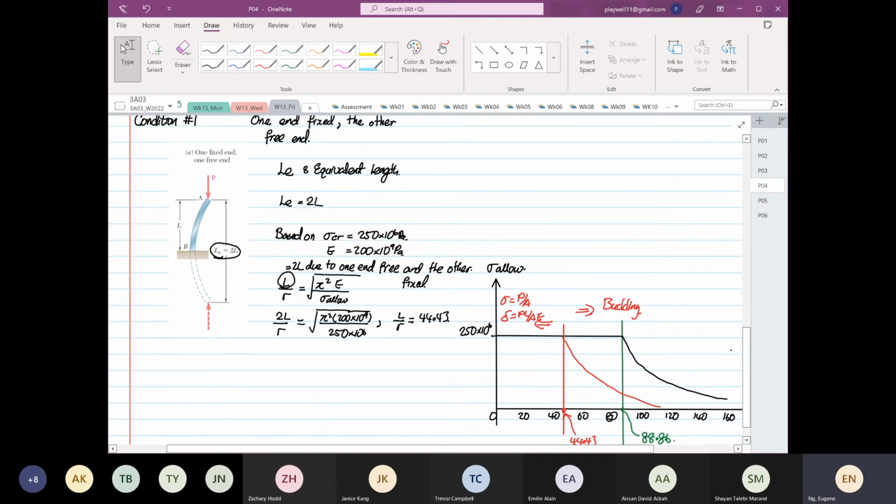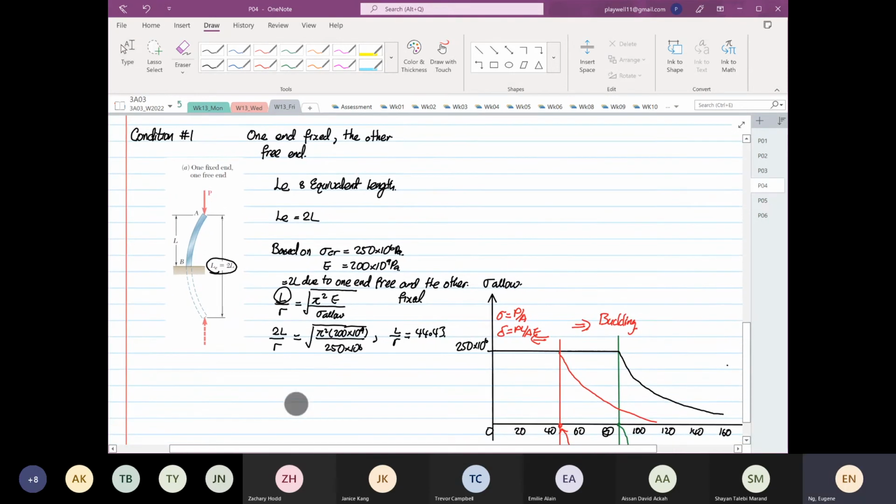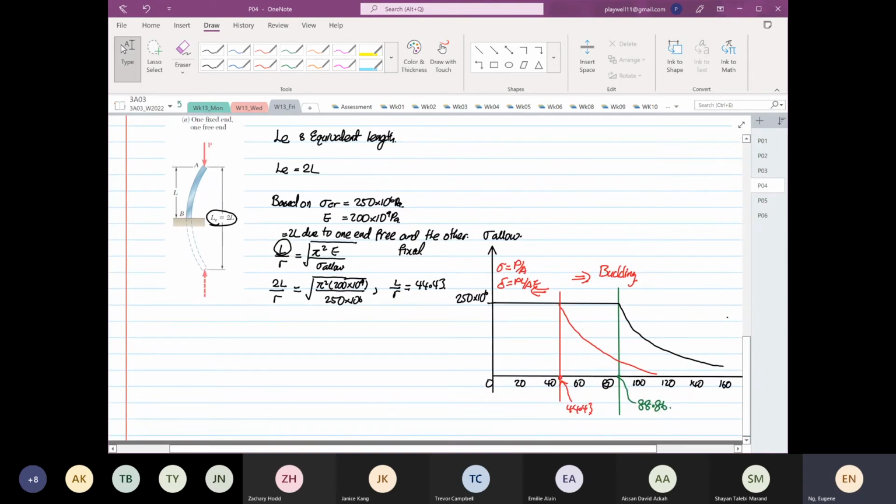So what I'm trying to say is this: rather than me trying to tell you, what do you think about this? Is the structure more likely to buckle or less likely to buckle? More likely, yes or no, right? The L over R ratio is so bad now, right? The L over R ratio is 44.43.